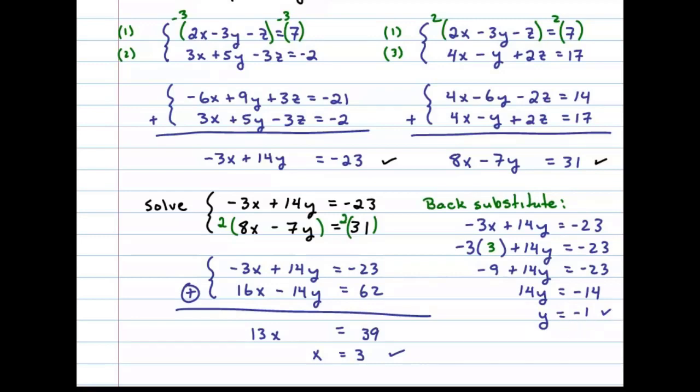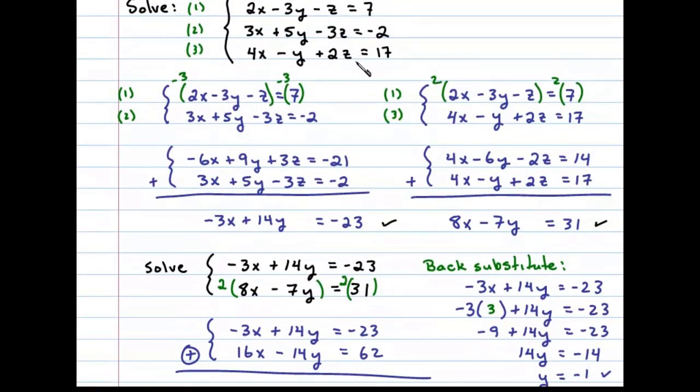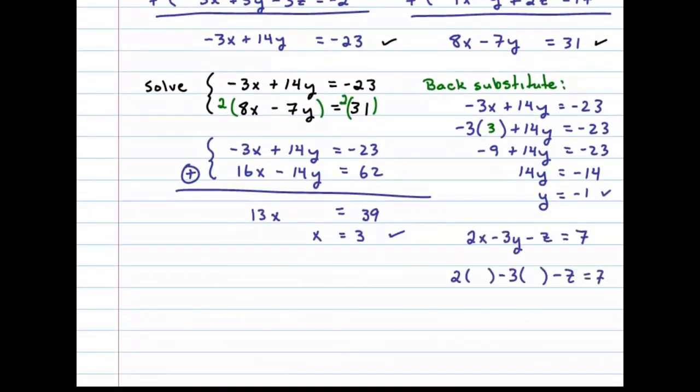All that's left to do is back substitute into one of these original equations to find z. Let's use the first equation. Here we'll substitute 3 in for x and negative 1 in for y.